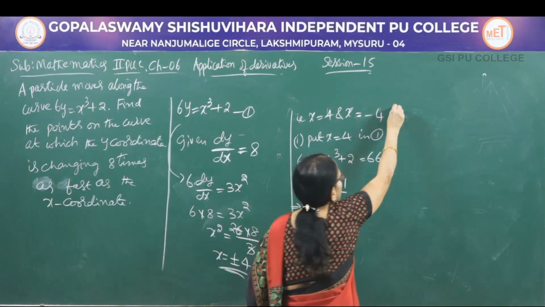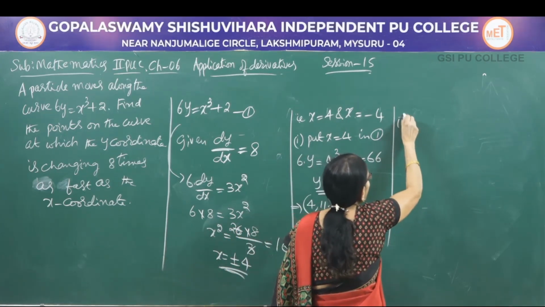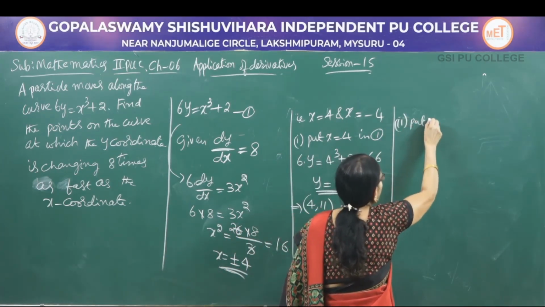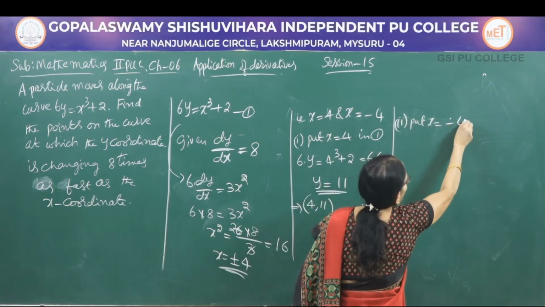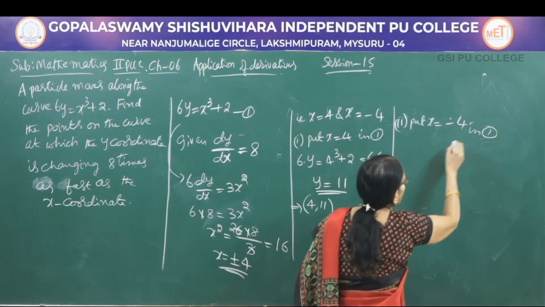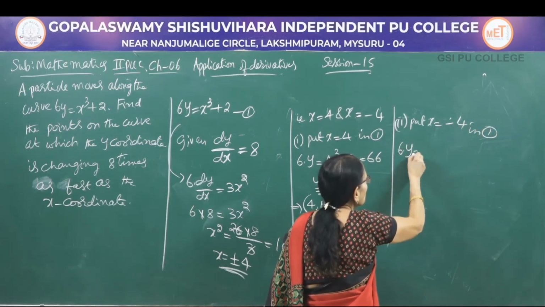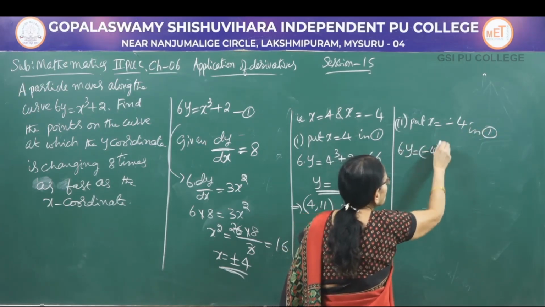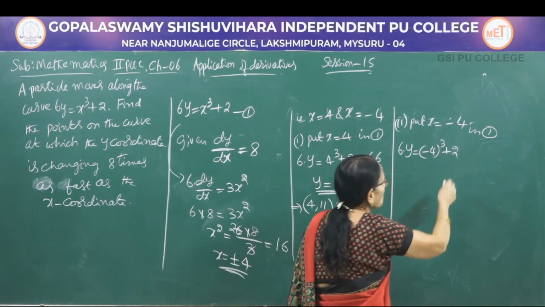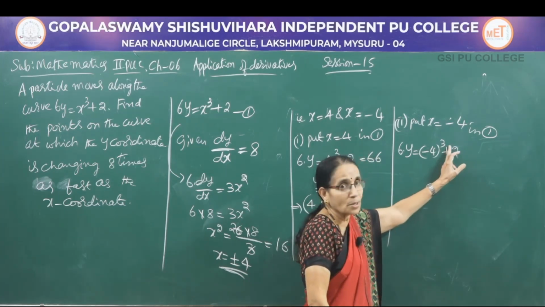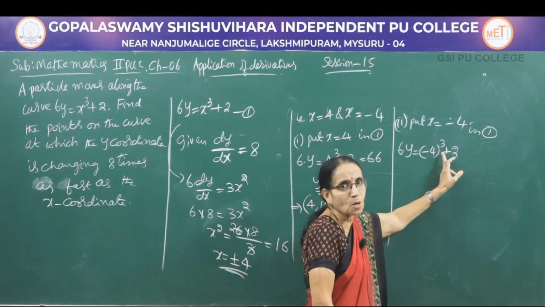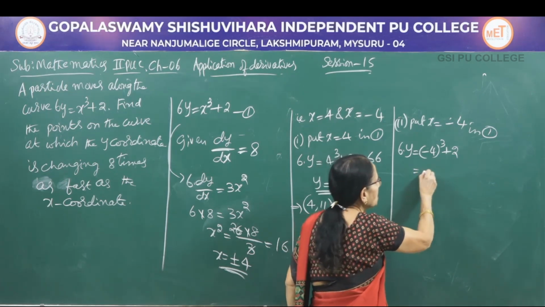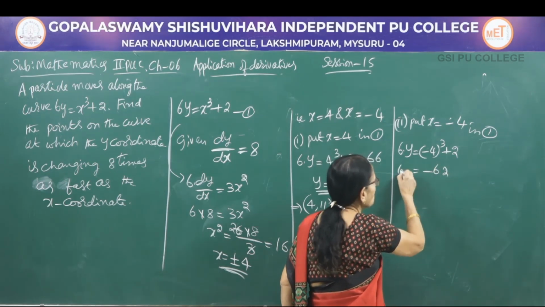Now, let me give the second value. Take the second value. Put x is equal to minus 4 in the first result. That is 6 into y would be equal to minus 4 the whole cube plus 2. See, it is minus 4 whole cube, means minus 64 plus 2. That would become minus 62.